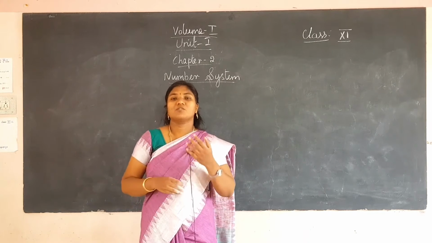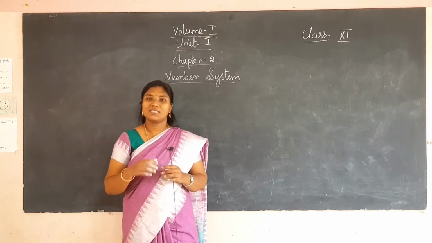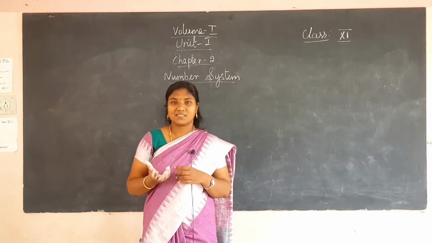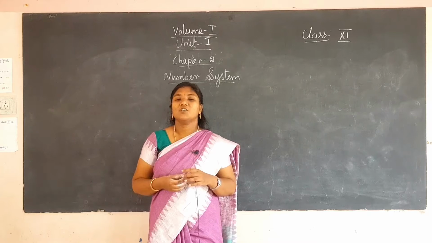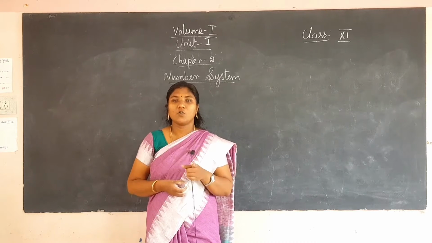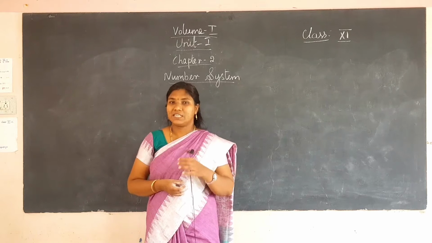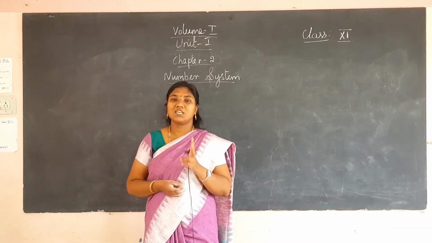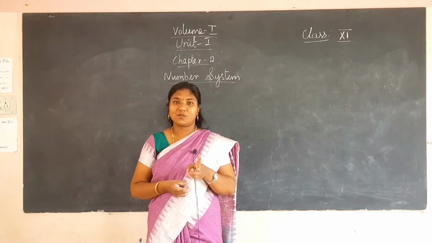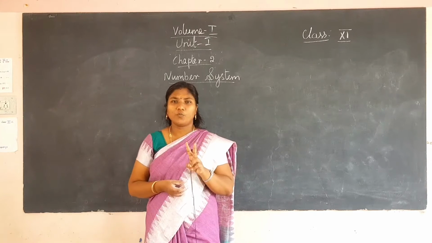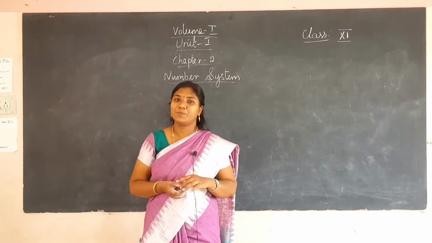In what language can the computer understand? It can understand only zeros and ones. These zeros and ones are called bits. There are only two values, and that is binary digits, that is bit.